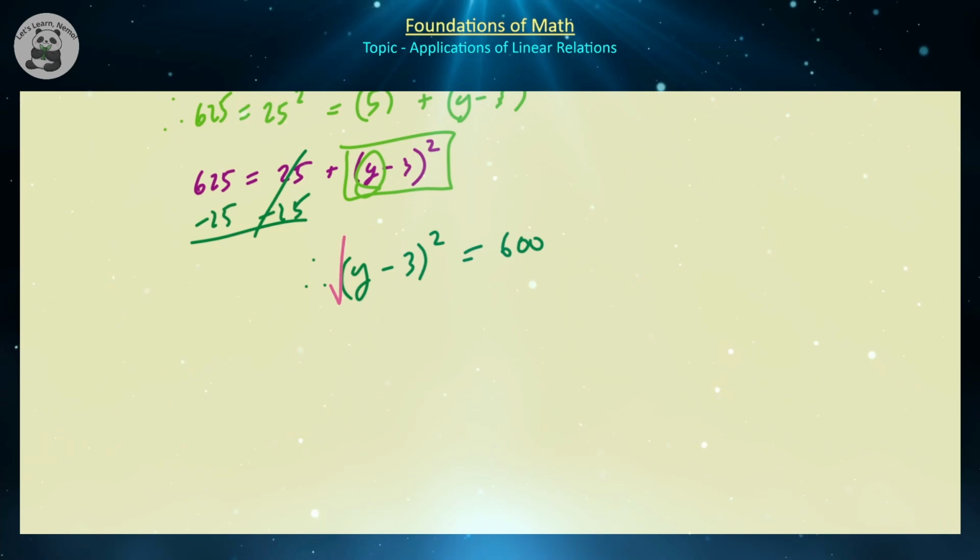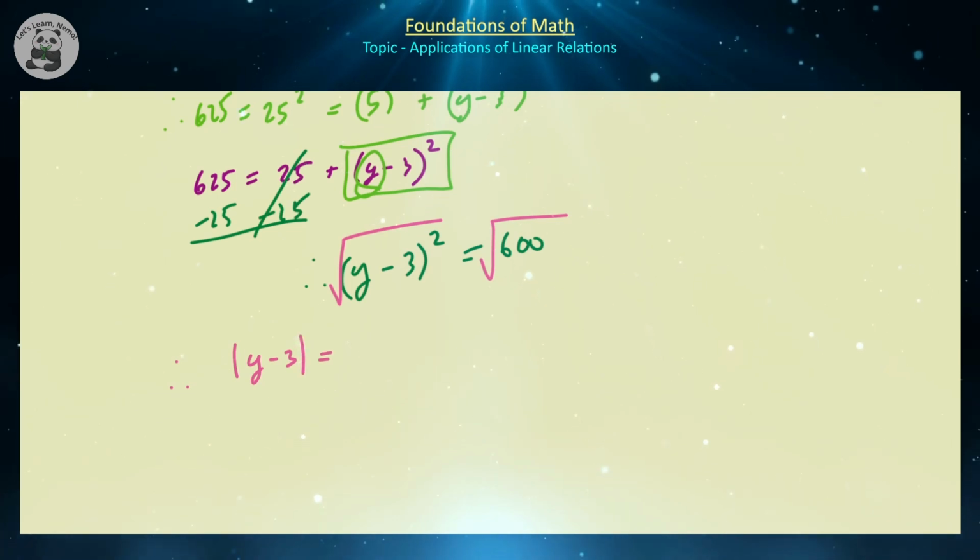So once I have that, then I'm going to take the square root of both sides of this equation. So I'm going to have the absolute value of y minus 3 is going to be equal to the square root of 600. And in order to remove the absolute value, keep in mind the inside could have been positive or negative root 600 for this equation to be satisfied.